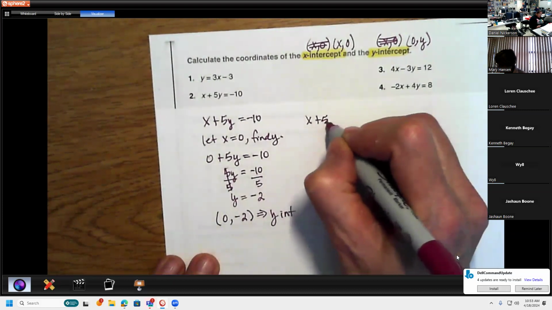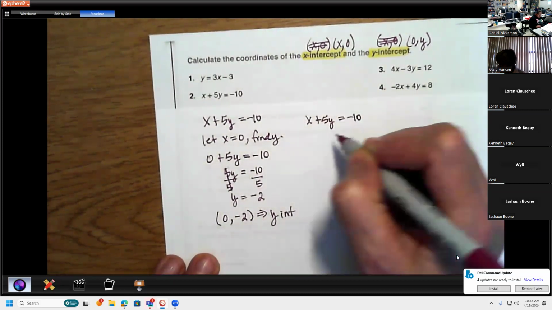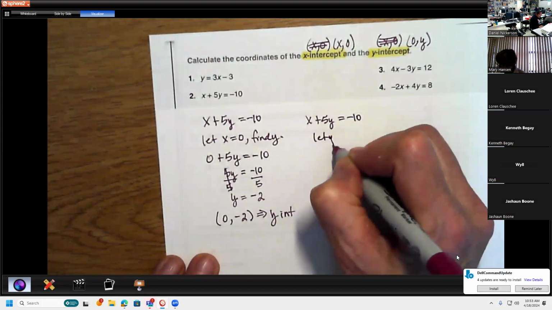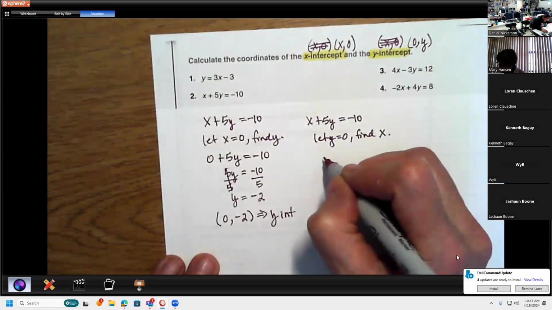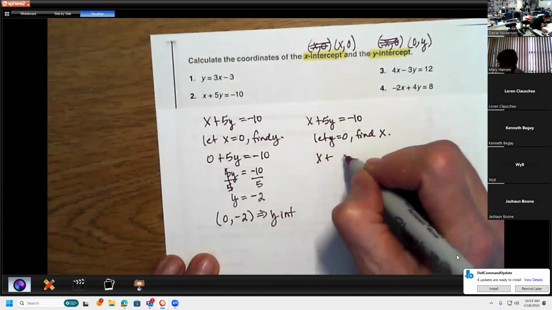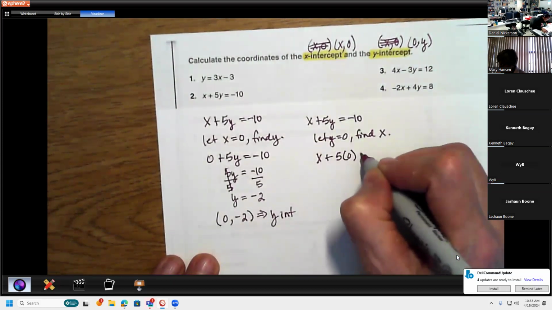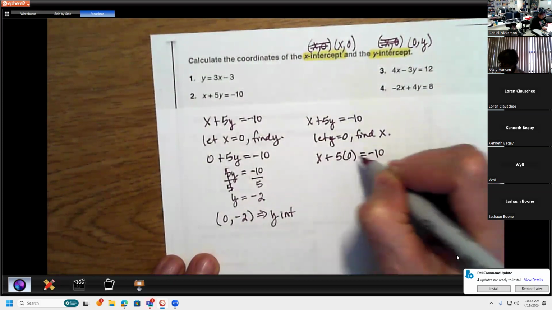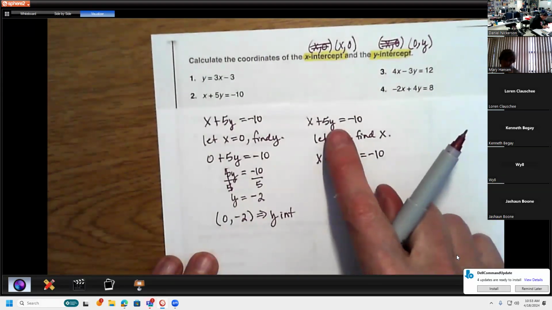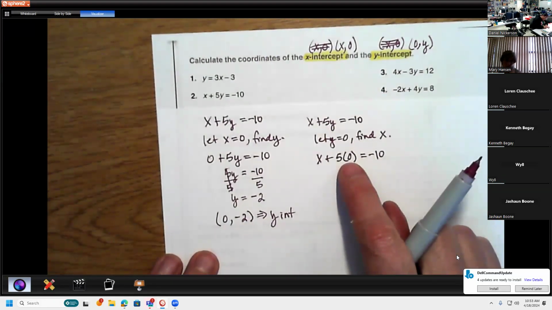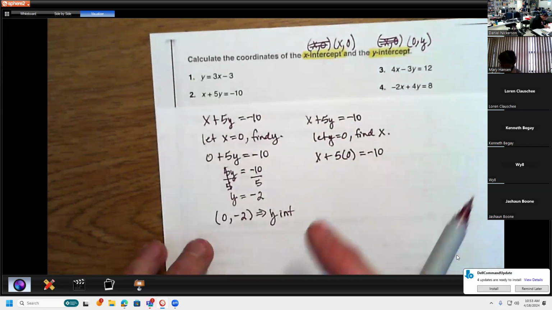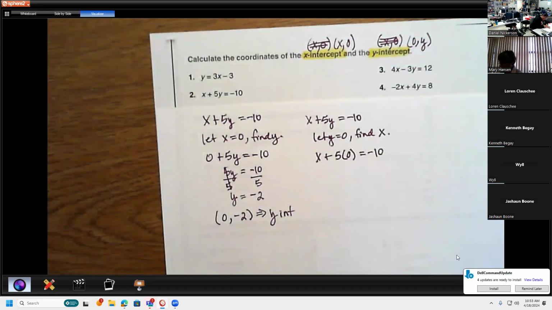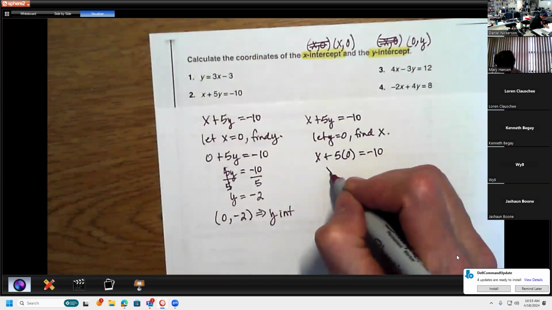And then if I start with the same equation again, and this time I'm going to let y equal 0, and we're going to find x. So I'm going to take out y, I'm going to put in 0. Instead of 5 times y, I have 5 times 0. 0 times anything is 0.